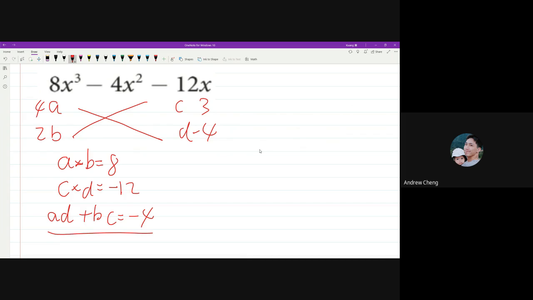Let's try this last one. So AD will be 4 times -4, and then BC is plus 2 times 3. That is -16 plus 6, which is -10.